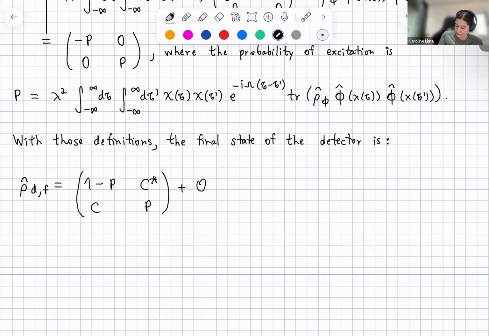Plus higher order corrections. Okay, so this is the final state of the detector.